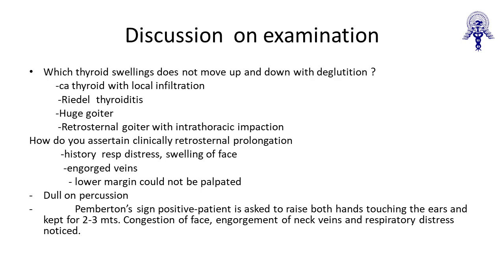A history of respiratory distress, swelling of the face, engorged veins, lower margin could not be palpated, dull on percussion, and Pemberton sign is positive. The patient is asked to raise both hands, touching the ears, and keep them there for 2 to 3 minutes. Congestion of the face, engorgement of neck veins, and respiratory distress may be noticed. So these are the points to be noted for retrosternal prolongation.